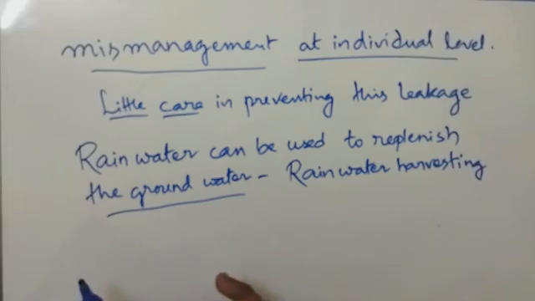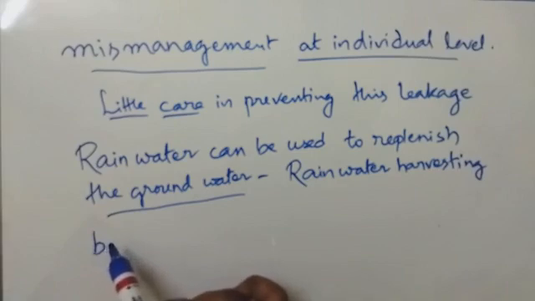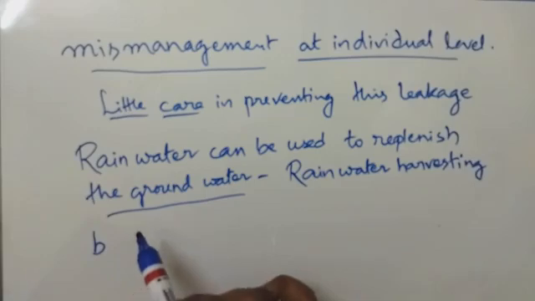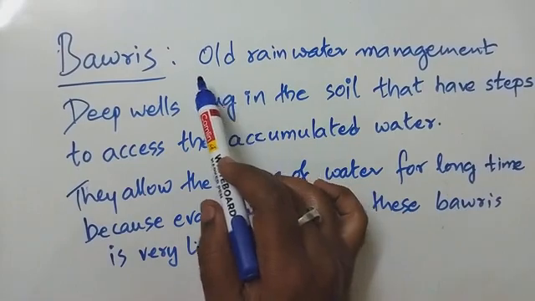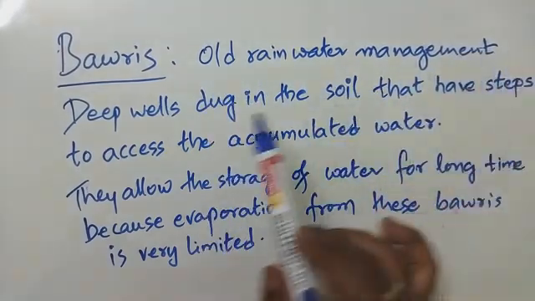In olden days in India, they used to store the rainwater and recharge water using barrages. The barrages are the old rainwater management systems.